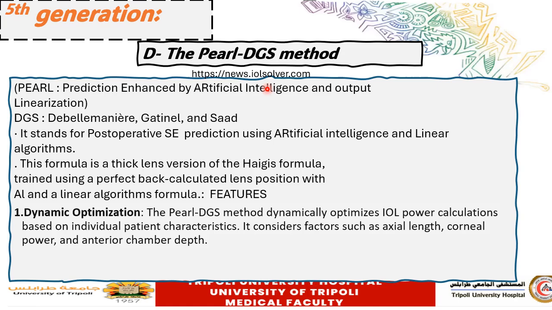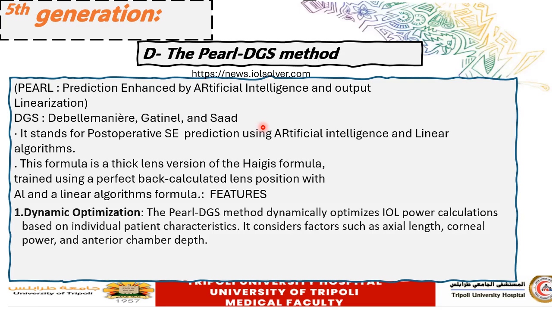It is initially based on the retrospective or regression analysis of the spherical equivalent data of the patients after doing the surgeries, and these data are placed inside a special algorithm using artificial intelligence to determine the effective lens position.